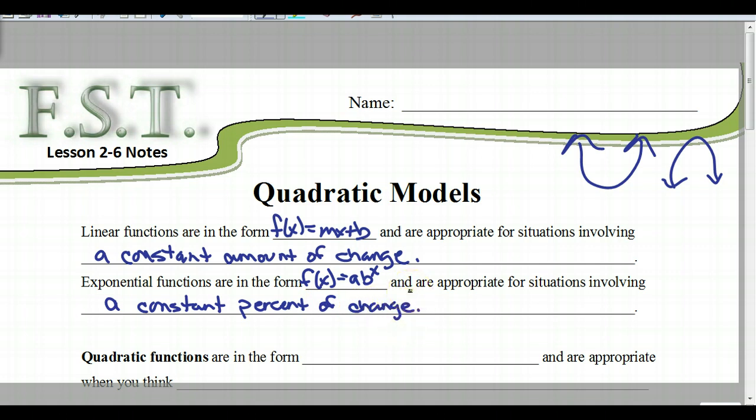Okay? So quadratic functions, and you guys really should probably have done a lot of this last year, maybe some in Algebra 1. I'm not sure what you did here, but it's going to be f of x equals ax squared plus bx plus c.